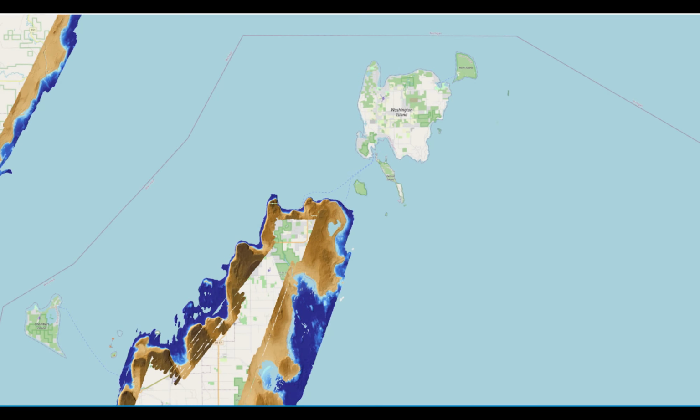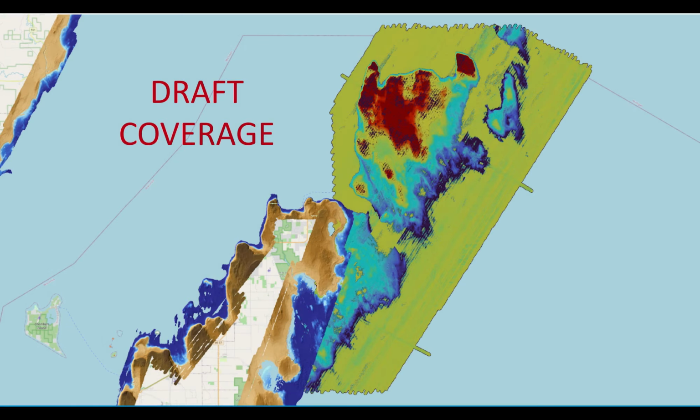Again, just highlighting here the existing high resolution topography and bathymetry that we had prior to that work, and this is the draft new coverage that was provided. I do want to highlight, though, that not everything was 100% wall-to-wall coverage. What you're seeing further offshore, where it's this yellowish, limeish color, is actually the top of the waves.